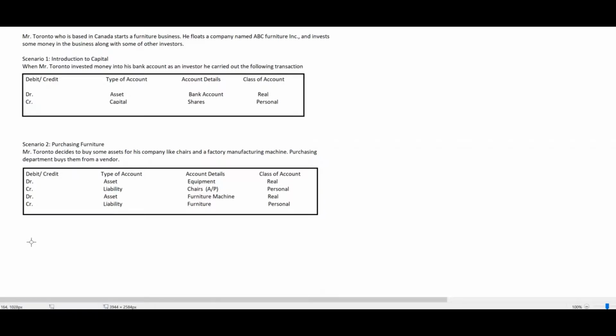The second transaction is about the furniture manufacturing machine. We're going to bring in the asset, so we're debiting the asset here, and we're creating a credit for liability, which in our case would be the furniture account. This is the simplest transaction of accounting in our simplest books, you could say.